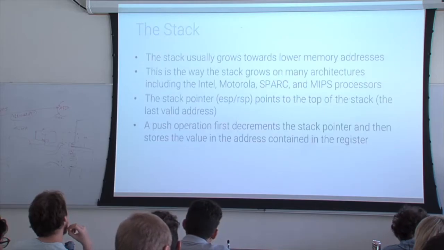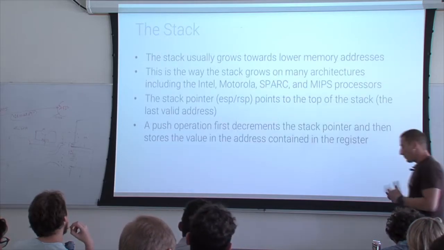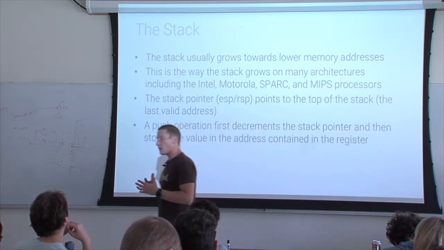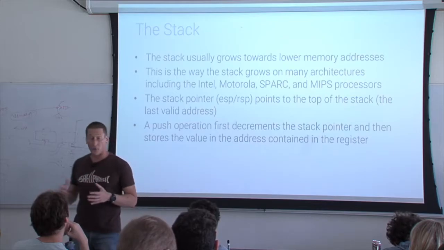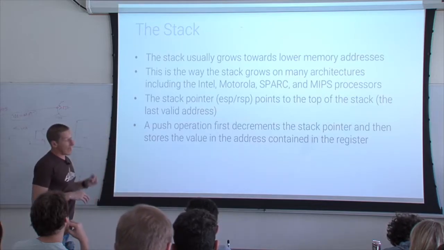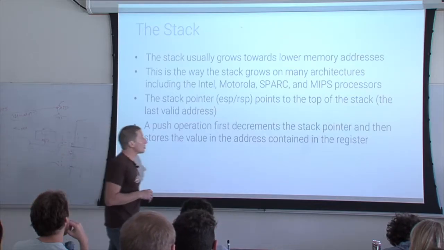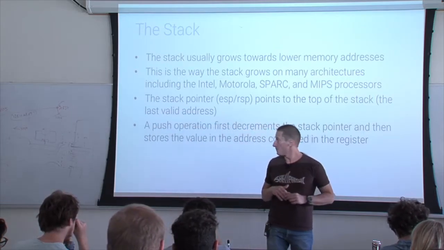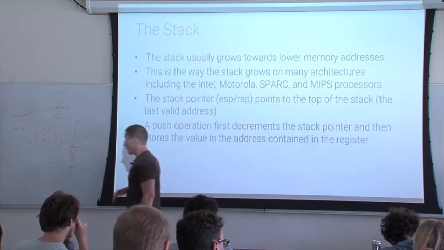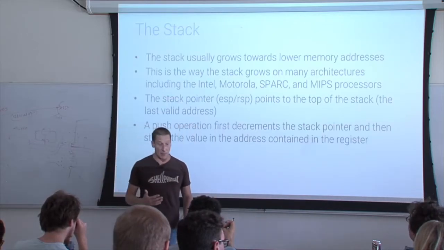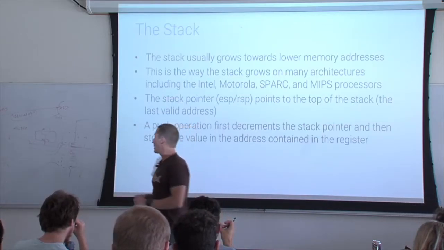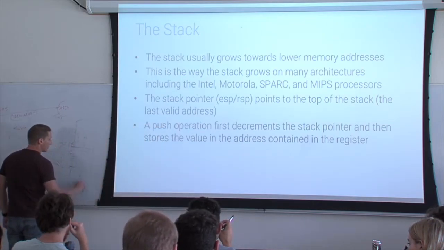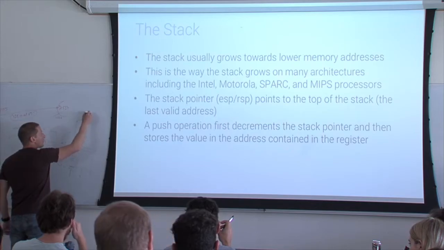Now let's talk about how certain parts of the system work, because understanding how these things work is relevant for our attacks. So the stack usually grows towards lower memory addresses. There is another convention here where people will say, I always write FFF at the end and 000 here to say this is where memory starts.